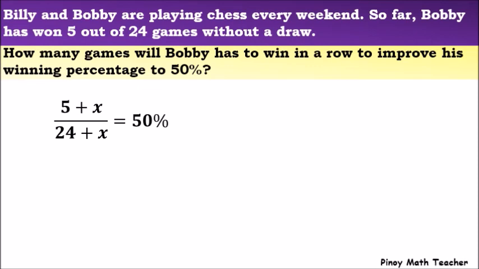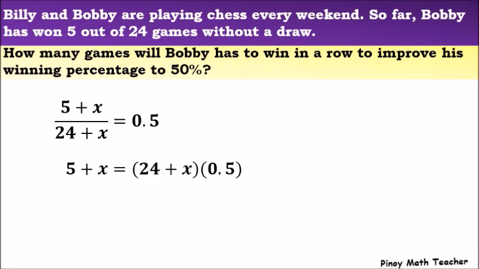Solve natin for x ito. So, ang 50% ay katumbas din ng 0.5. Ngayon, cross multiply. So, 24 plus x, i-times natin sa 0.5. We have 5 plus x equals (24 plus x) times 0.5. So, distribute natin yung 0.5 sa 24 plus x. We have 12 plus 0.5x. Next, transpose natin yung 0.5x sa kabilang side ng equation at yung 5 naman dito sa kanan.